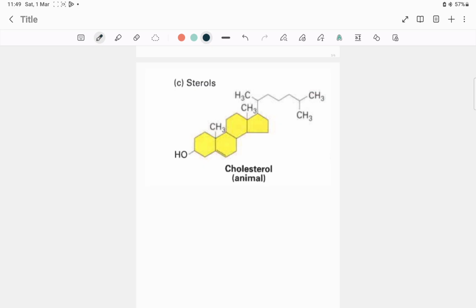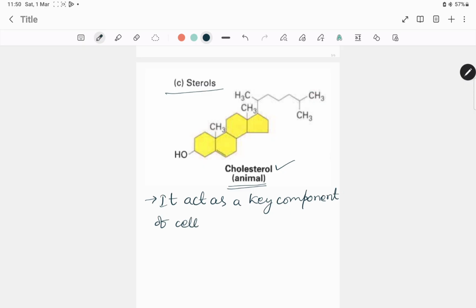Another type of membrane lipids are called sterols. The major sterol in animals is cholesterol. It acts as a key component of cellular membrane.